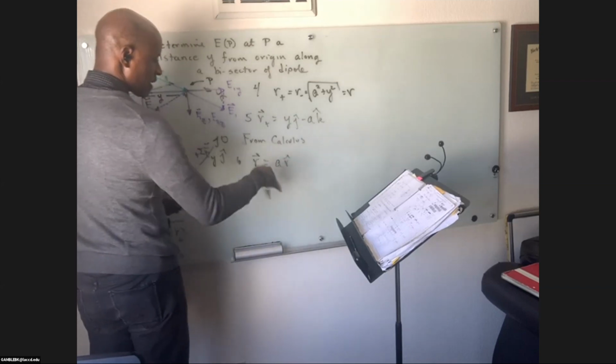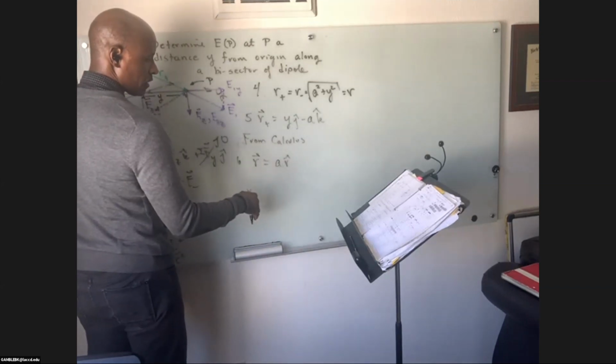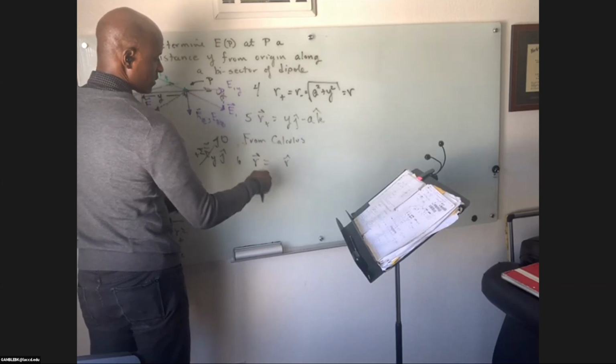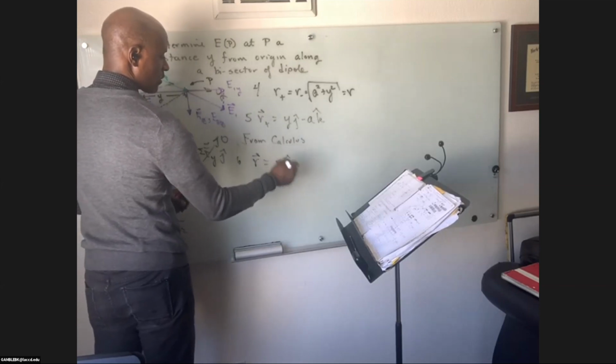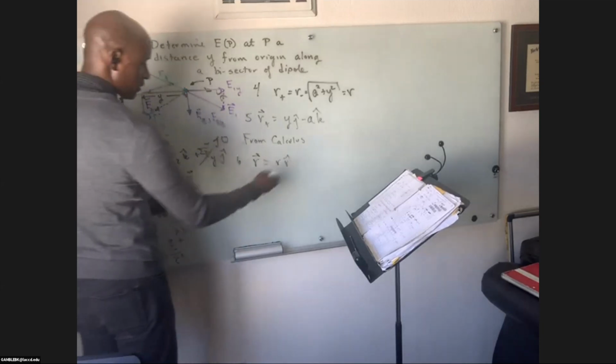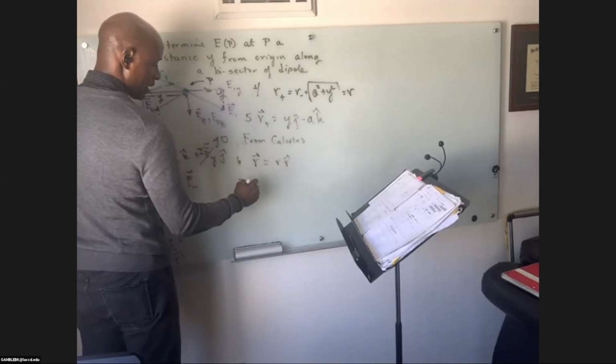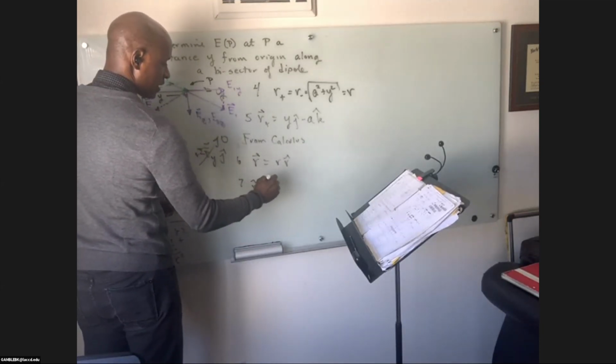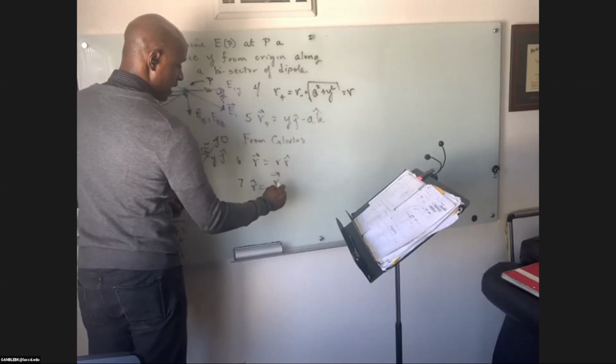Let me write an arbitrary magnitude as r, where r represents the distance of that vector. Therefore, a unit vector is defined as the vector divided by the magnitude.